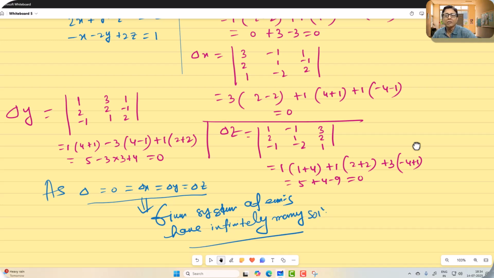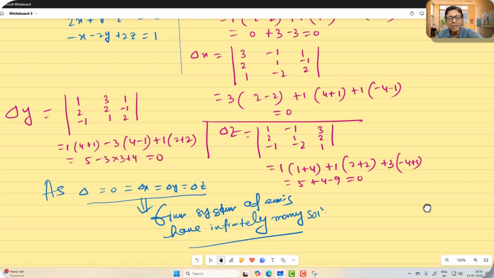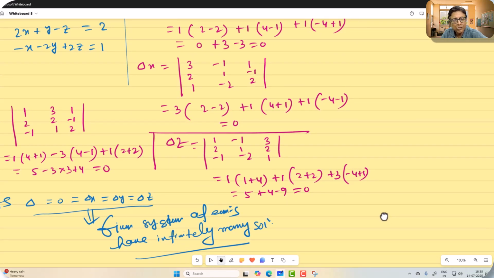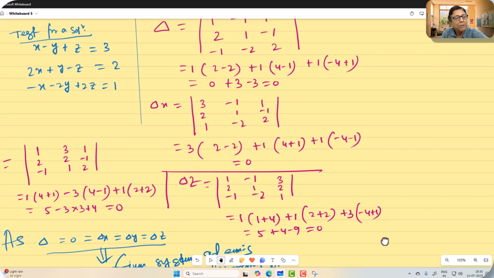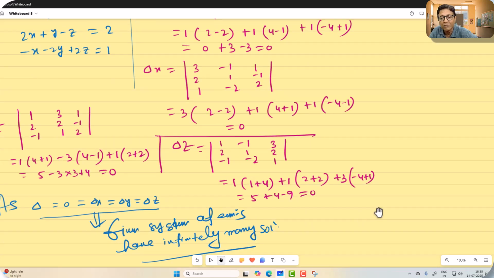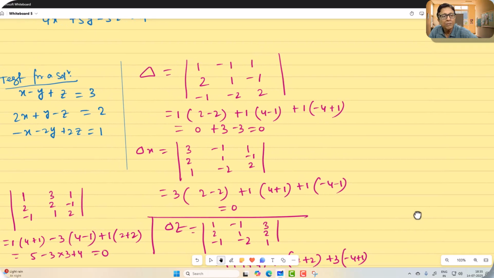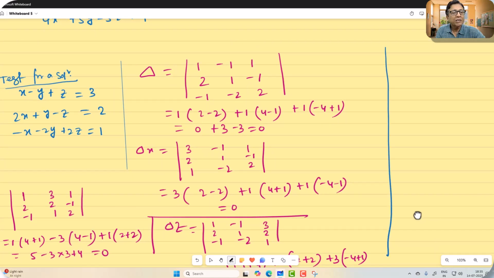How to find those infinitely many solutions? You have concluded that as per theory, the system of 3 equations has infinitely many solutions. What are those? How to find them?